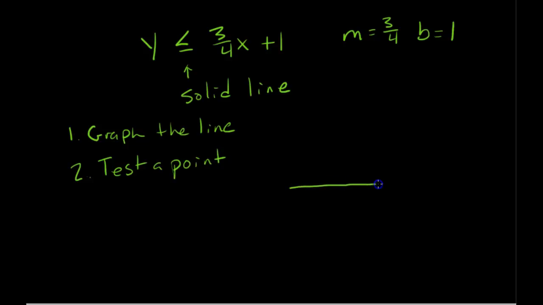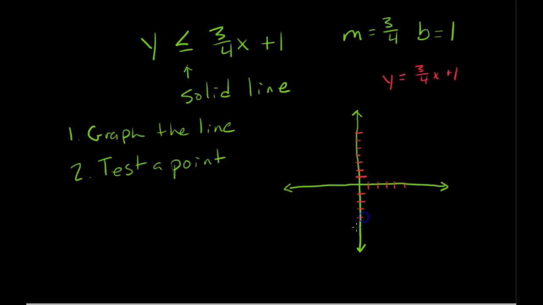Let me see if I can draw a fairly good XY axis here. This is not too bad. First we're going to graph this inequality as though it were just a linear equation, so we graph the line y is equal to 3/4 x plus 1. Let's draw some lines to make this look like a coordinate plane.